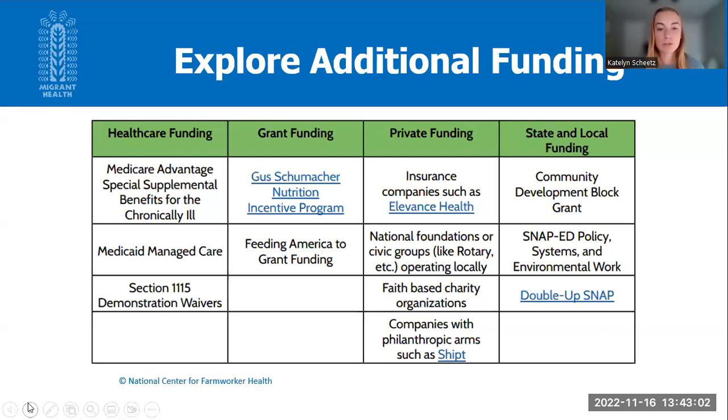We would love to amplify those opportunities, whether it's ones you've heard of or even ones that you've used in the past, that you can't use anymore. Let's pass that opportunity along to others so that hopefully they can get their program off the ground. Feel free to share in the chat. Are there any funding sources we missed? Next slide, please.